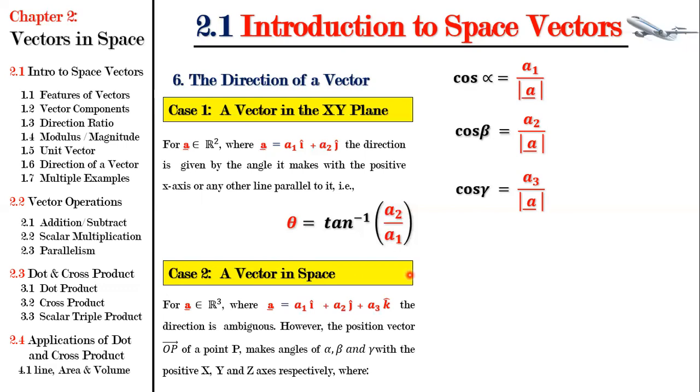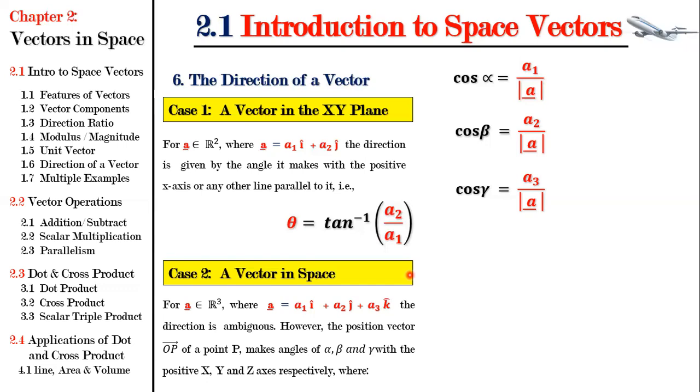Now, there is something very, very important about all of these three angles which we are looking at here. These ratios, that is cos alpha, cos beta, and cos gamma. Note that when we are talking about an angle on a plane, we are talking about arctan. We are using the tangent, arctan.